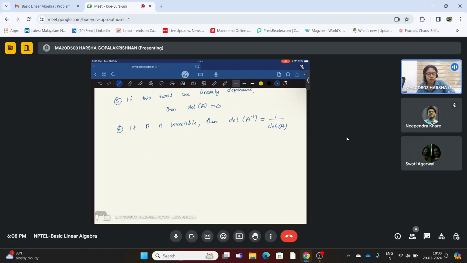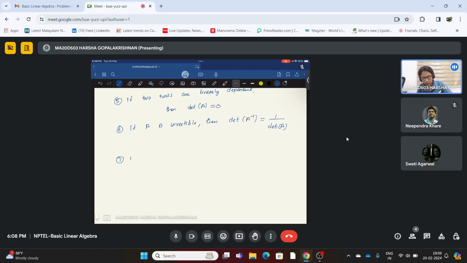Yeah, it is 0. Okay. That is why we are stating the condition A is invertible. If determinant of A is 0, 1 upon determinant of A is not valid, right? So, if A is invertible, then only A inverse exists, then only we can state this condition.